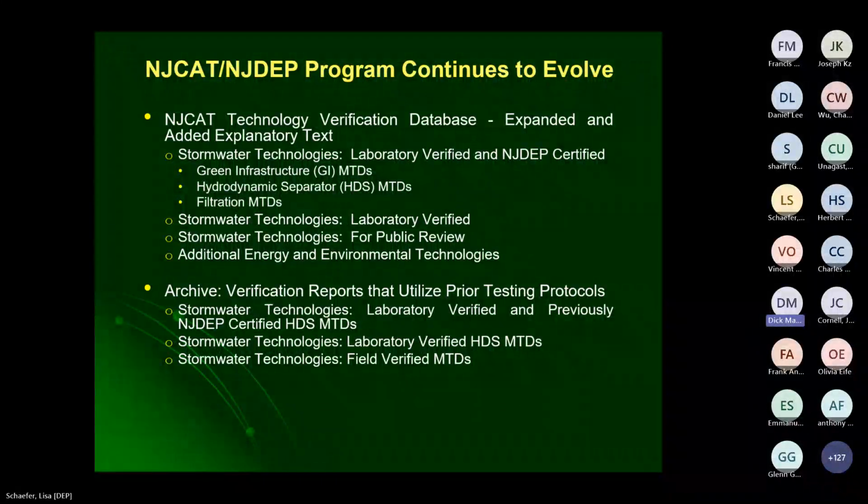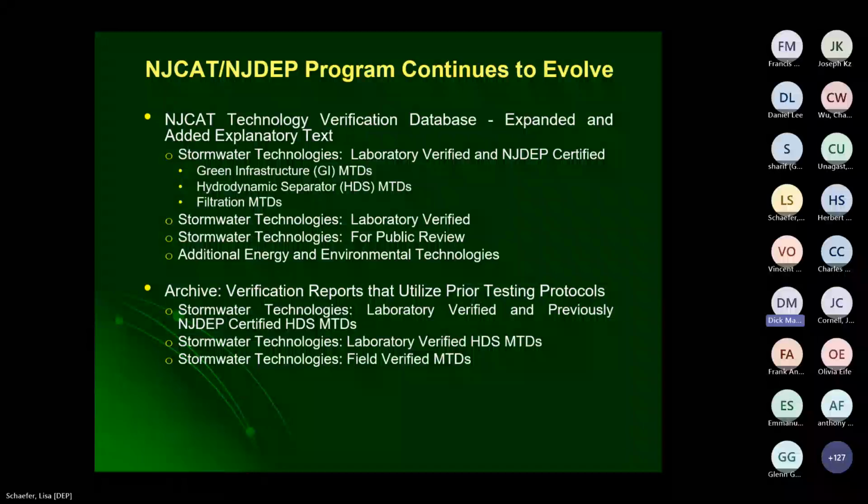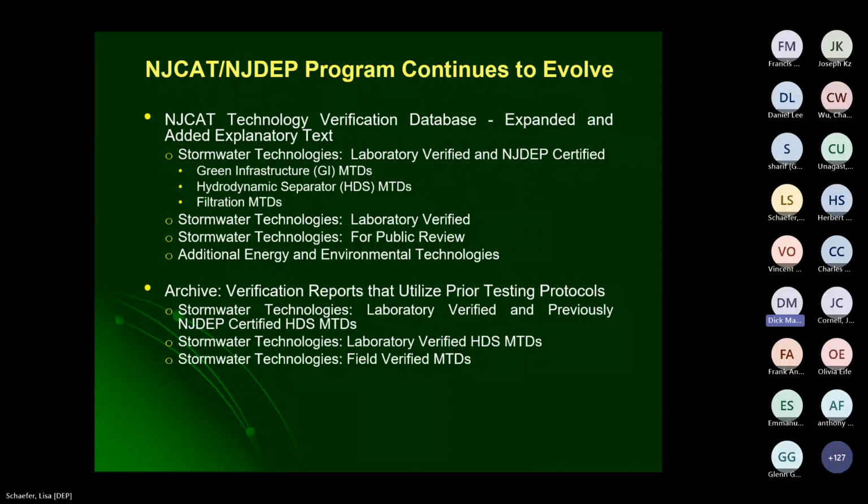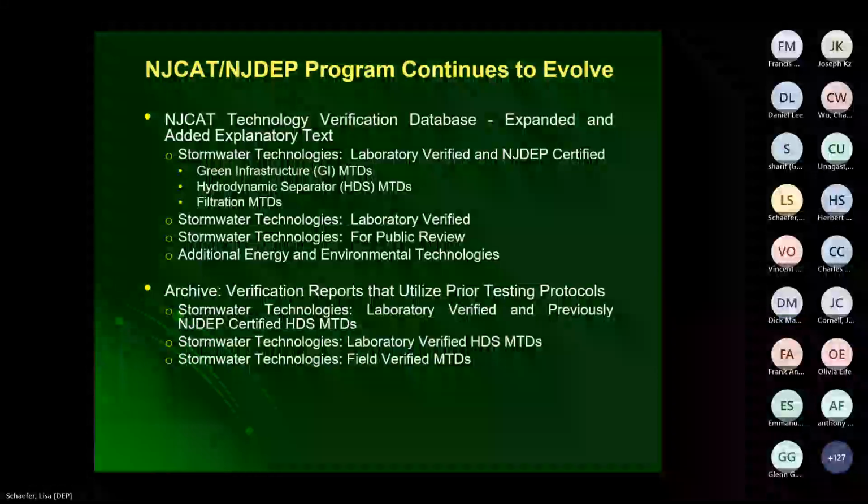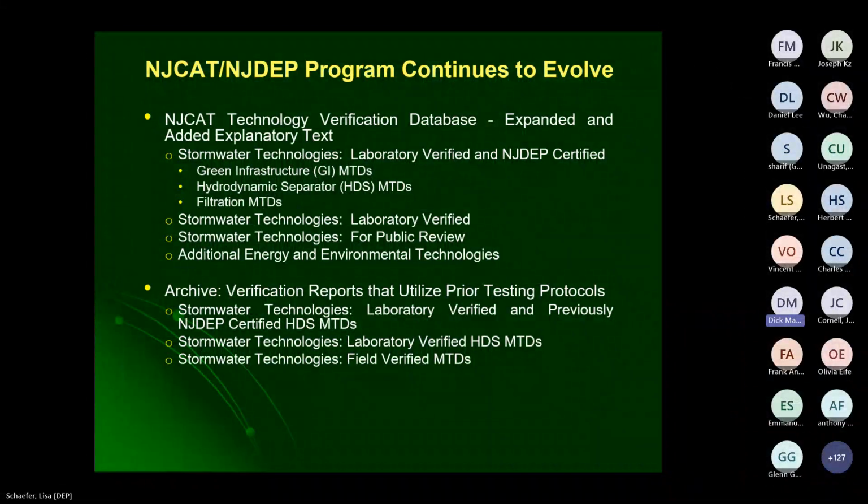Some technologies might only be in public review. I think right now there's one in public review. Probably next week there'll be another one in public review, which says that they've gone through the verification process. Now it's being opened up for the public and other manufacturers to challenge if there's anything they feel is inappropriate.